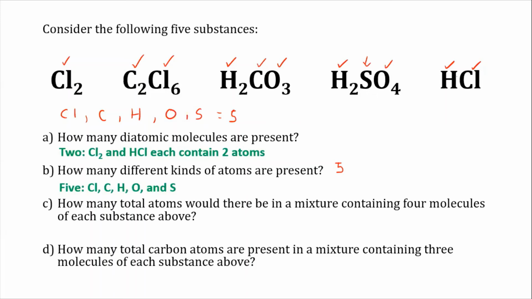Okay, next one. How many total atoms would there be in a mixture containing 4 molecules of each substance above? You might have to get your calculator out for this one.